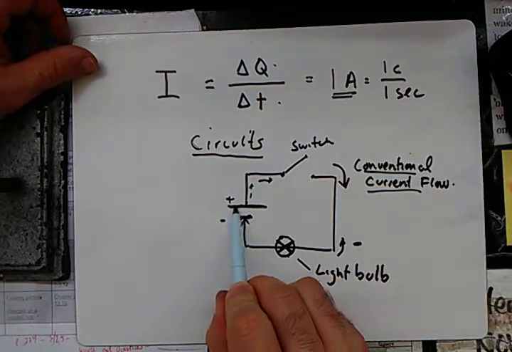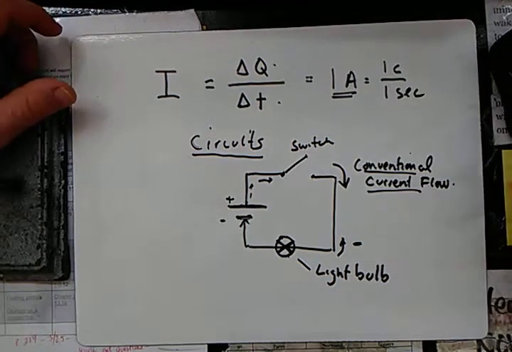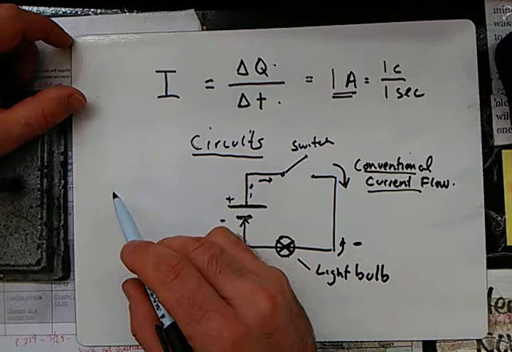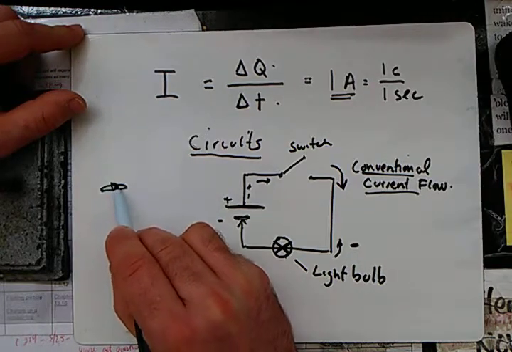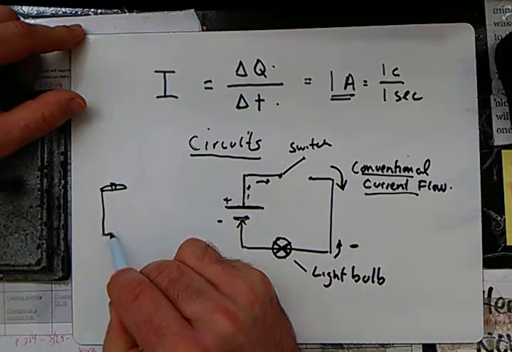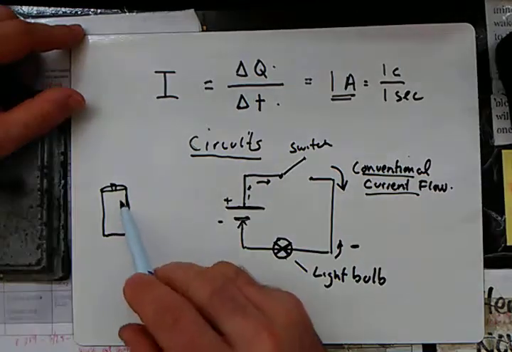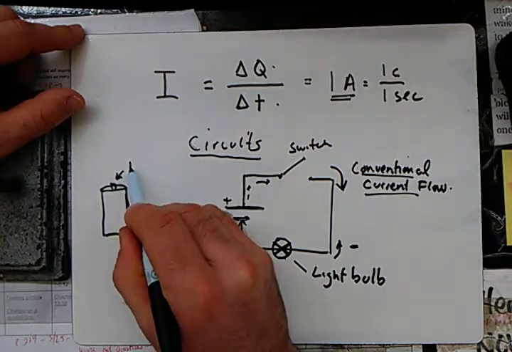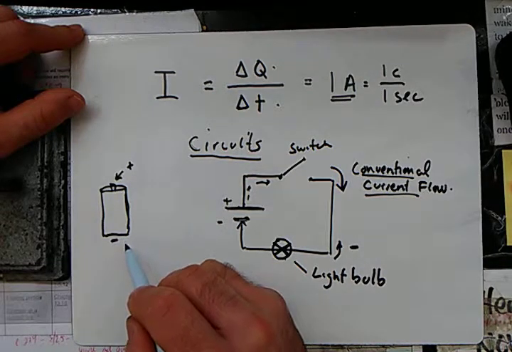We mentioned there was a power source here. This could either be a battery or a power source that's plugged into the wall. You guys are pretty familiar with batteries. Usually there's a battery like that, that might be a C or a D battery. The part that comes out here is the positive terminal, and the part on the bottom is the negative terminal.